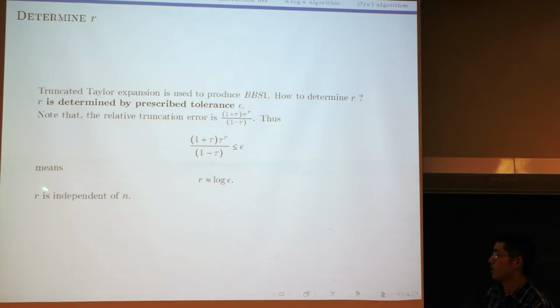So we can see that R is independent of the size of the problem. If we set the accuracy to 10 to the negative, for example, negative 10, then we see that R is roughly 10 or 20.